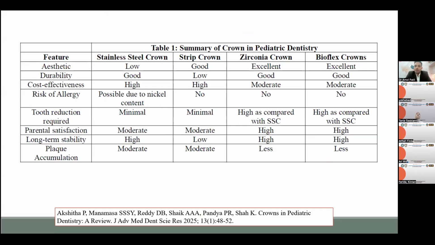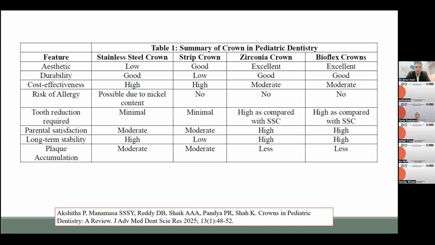So talking about the crowns which are there in the market right now are stainless steel crowns, strip crowns, zirconia crowns, and bioflex crowns. When we talk about stainless steel crown, aesthetics is a major concern. Secondly, another factor which comes in picture is risk of allergy and metal release, which is evident with the stainless steel crown.